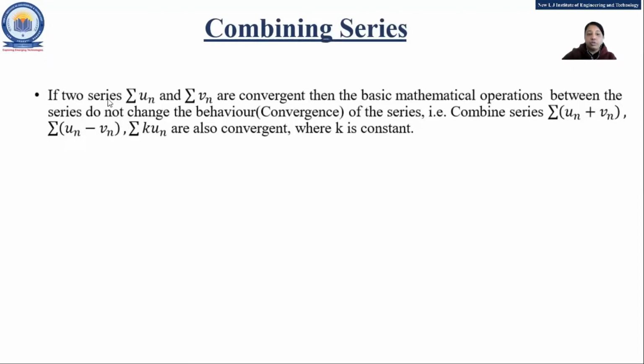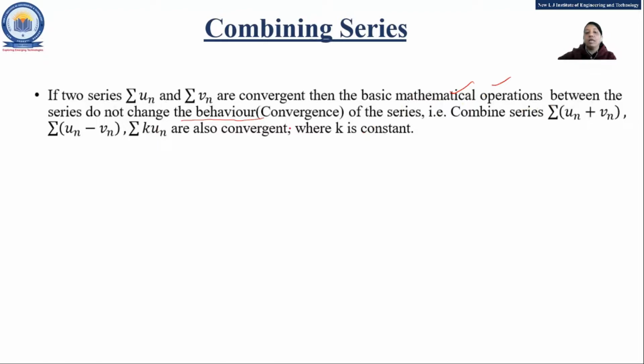If two series, summation un and summation vn, are convergent, then the basic mathematical operations, that means either addition or subtraction between the series, do not change the behavior.